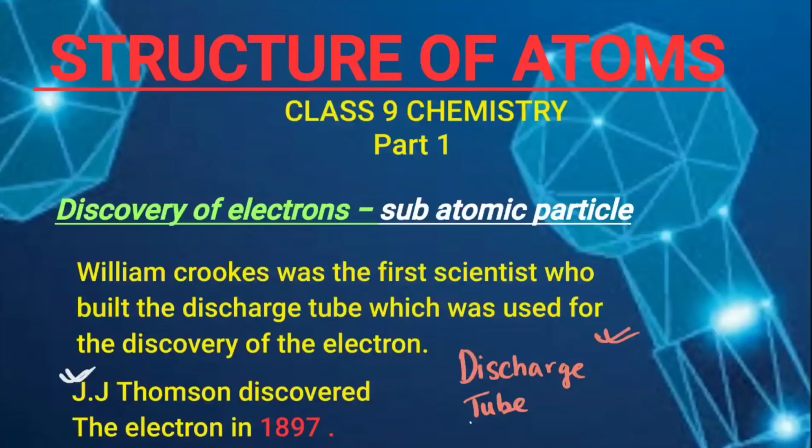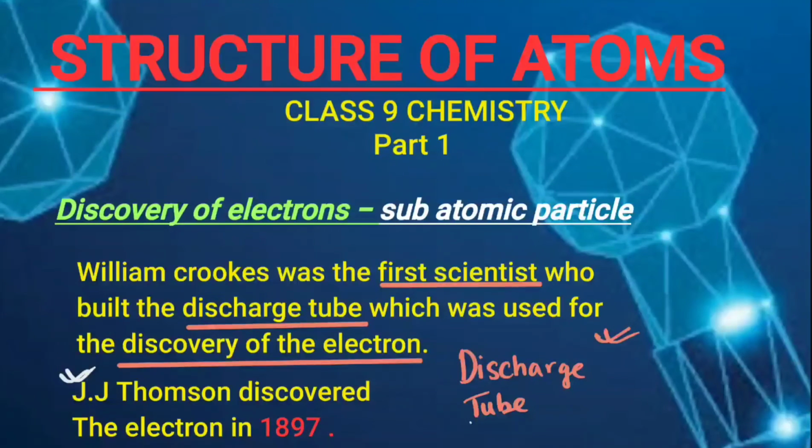William Crookes was the first ever scientist who built this discharge tube, and it was used for the discovery of the electron later by J.J. Thomson. Thomson somewhat modified the design of William Crookes and used it to study some kinds of effects produced in that discharge tube, and then later he studied those properties and characteristics, and with that he discovered the electron.